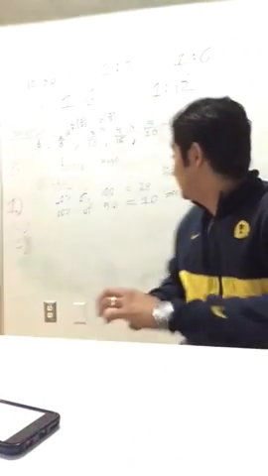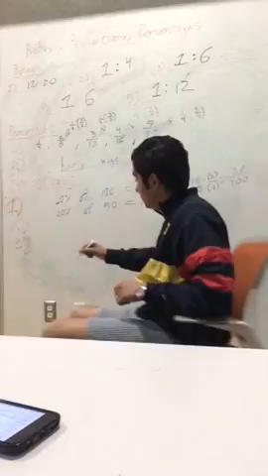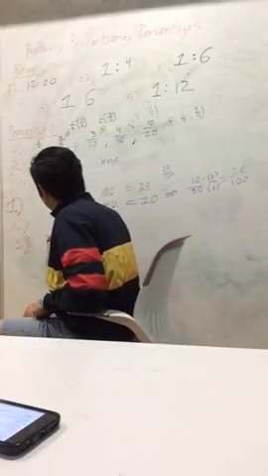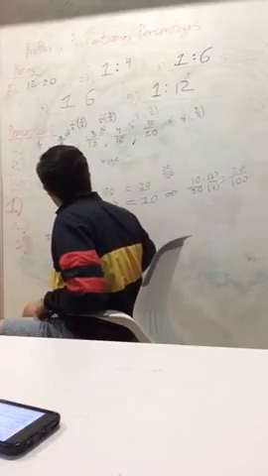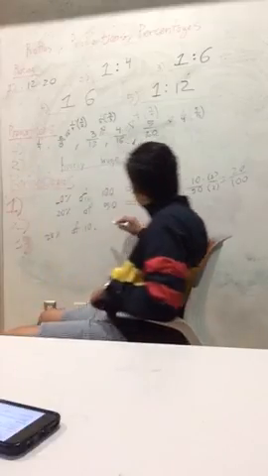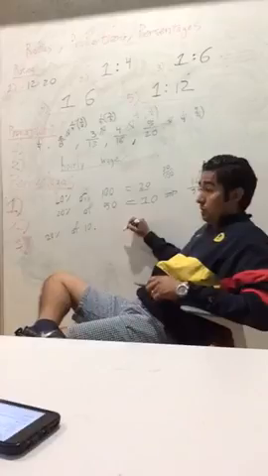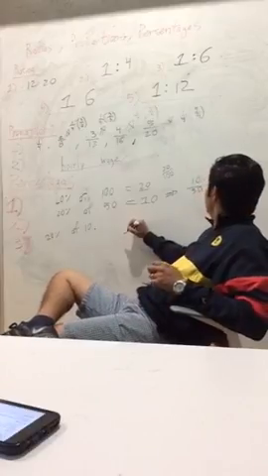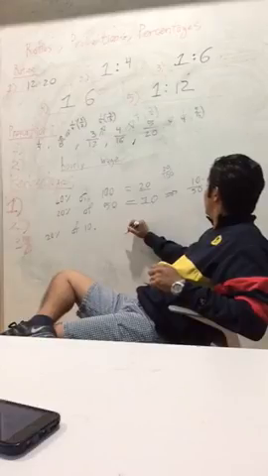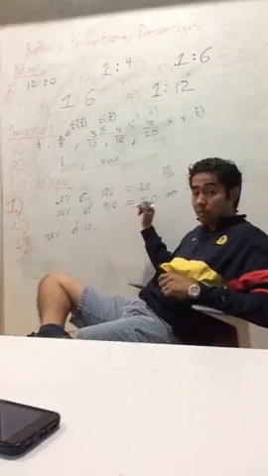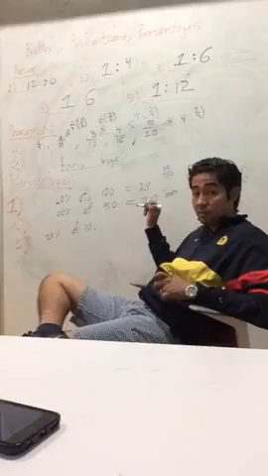Okay, so the last example says, what is 20% of 10? We're going to do the same exact procedure. 20% of 10. So again, I don't know the answer to this one yet, but on the other ones they gave us the answer.